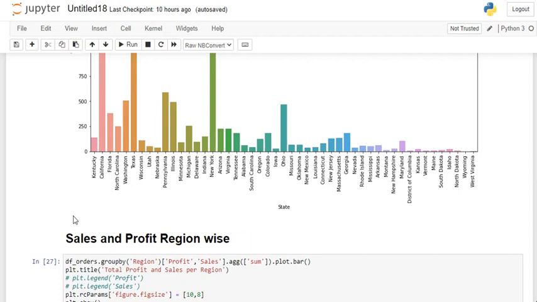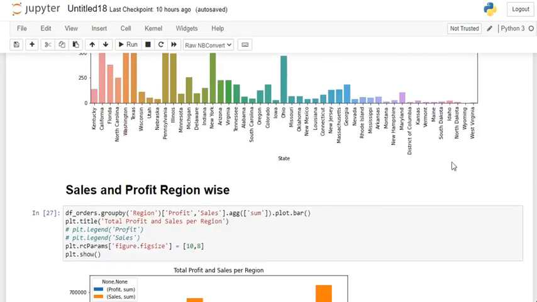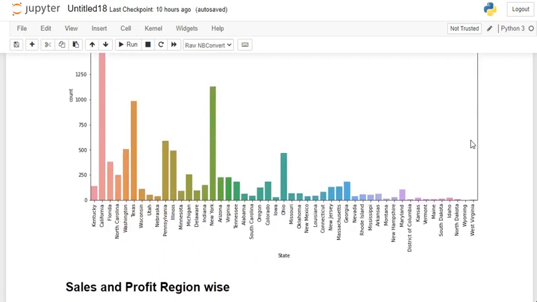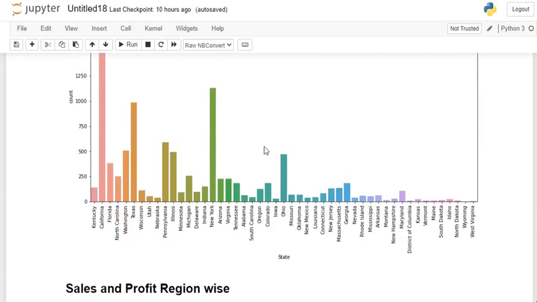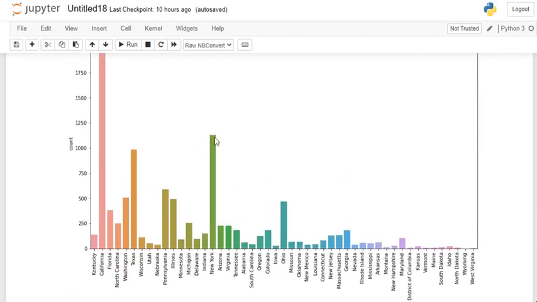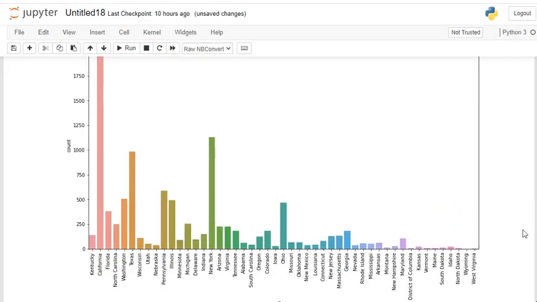So the maximum number of cities is in California, and very few cities in West Virginia. This is the information we can derive. And New York, a moderate number of cities are seen in the New York state.